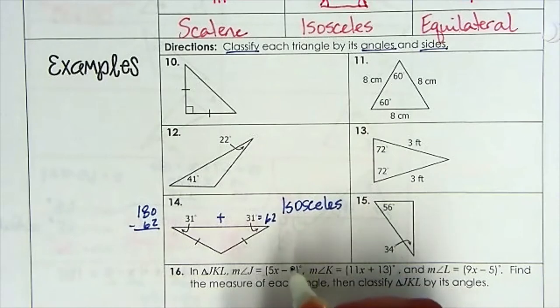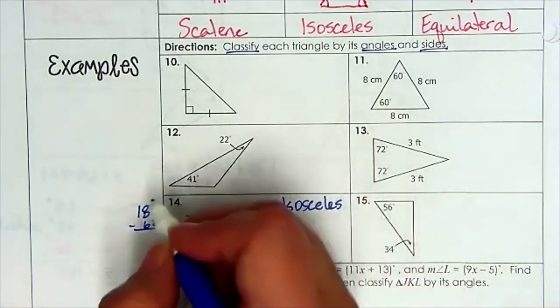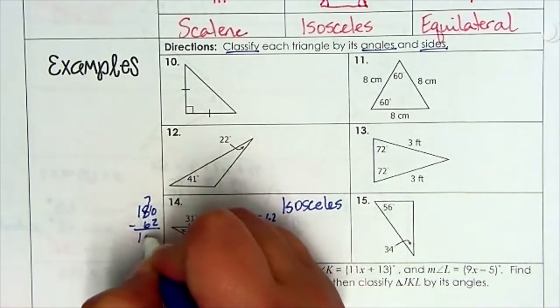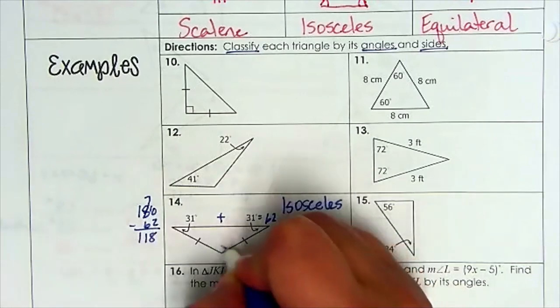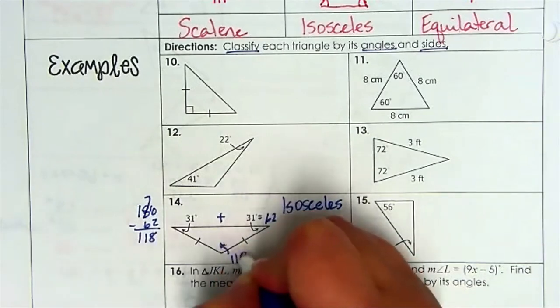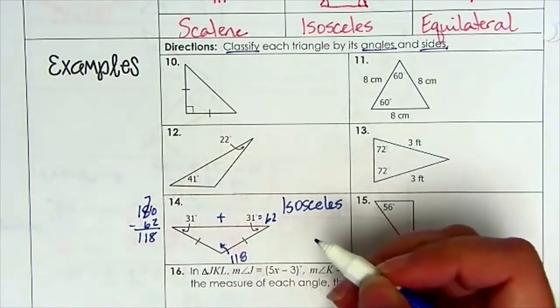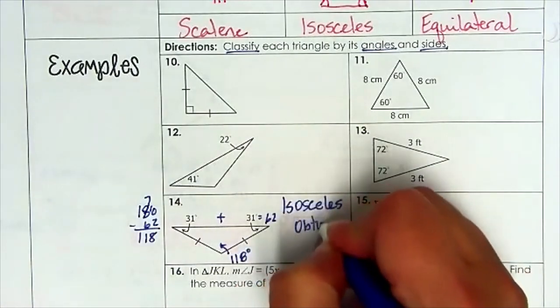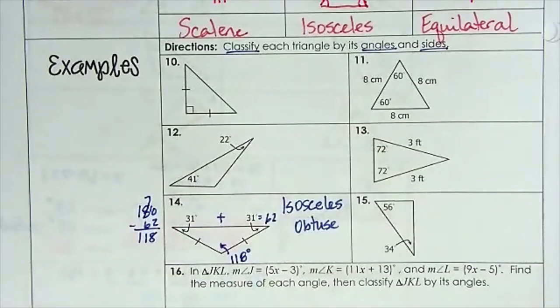If I'm finding the missing measure, we write the equation. So now I'm going to subtract. This is going to become a 7, 10. So I have 118. Since this measure is 118, that's greater than 90. That's obtuse. So therefore, this is an isosceles obtuse triangle.